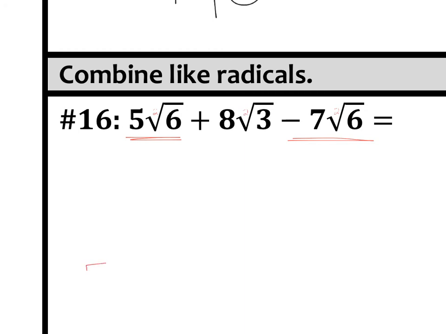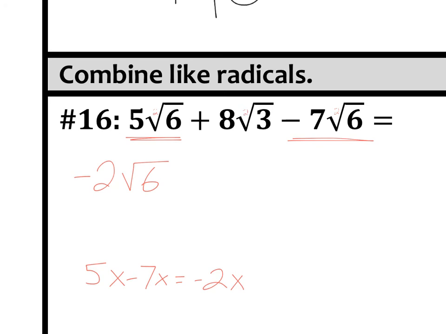Just like if this were 5x minus 7x, we would get negative 2x. Notice the x's don't change. The exponents don't change, the letter stays the same, but the 5 minus 7 is what gets us that negative 2. So the 5 root 6 minus 7 root 6 ends up being negative 2 root 6.